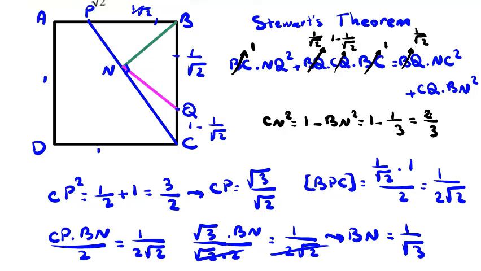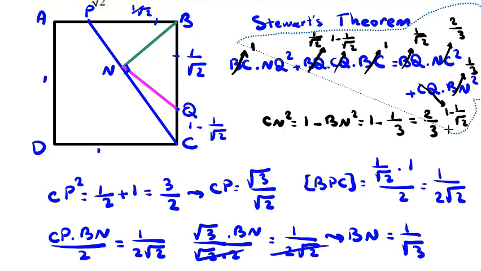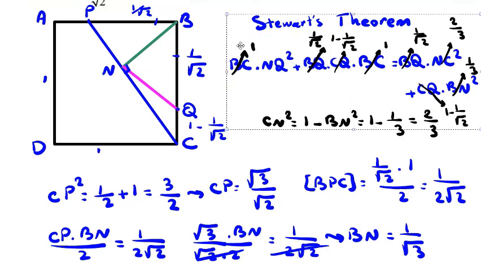NC squared is 2 over 3. CQ is 1 minus 1 over root 2. And BN squared is 1 over 3. So let's copy this, simplify and calculate.